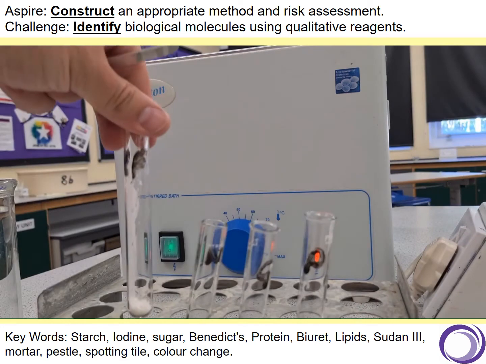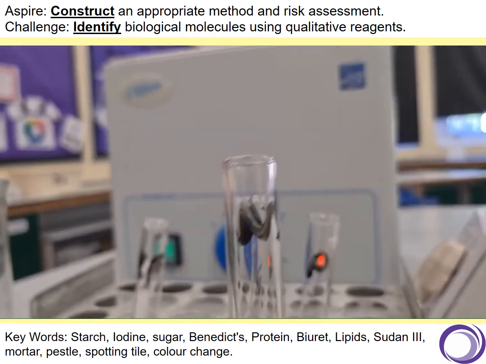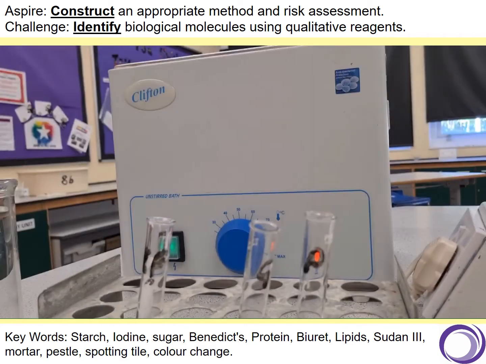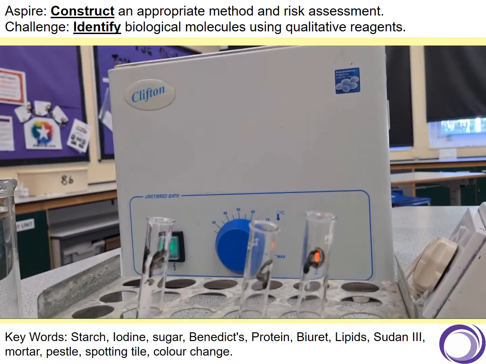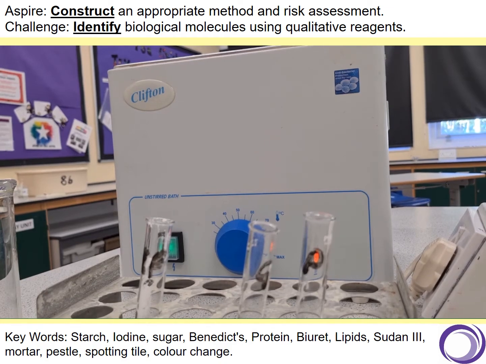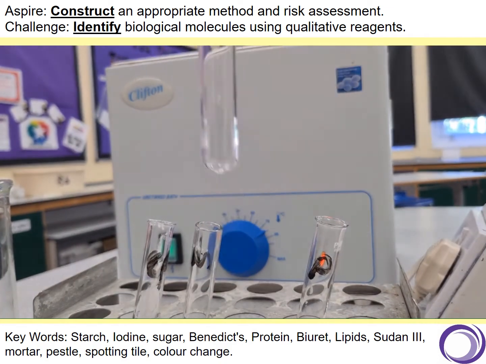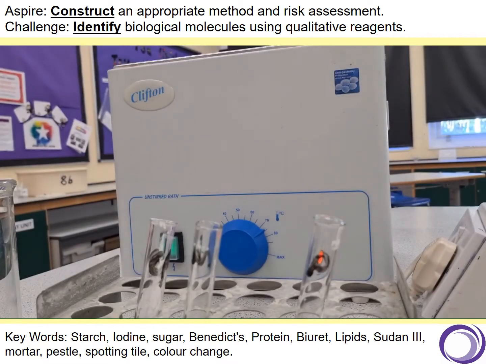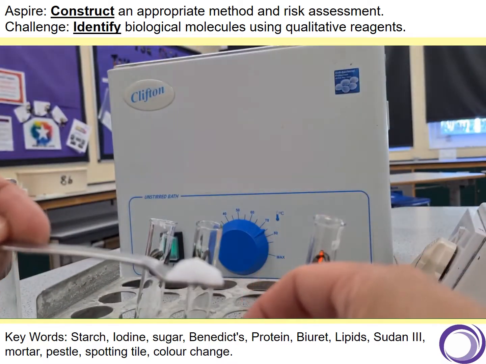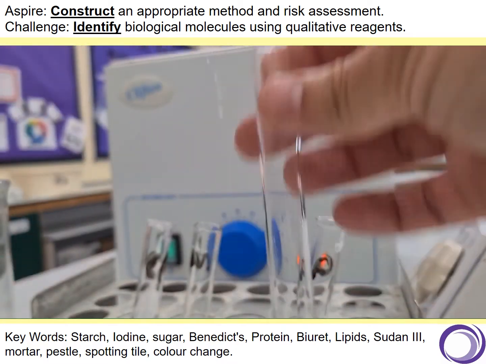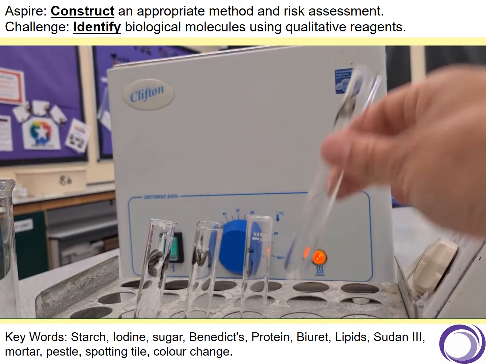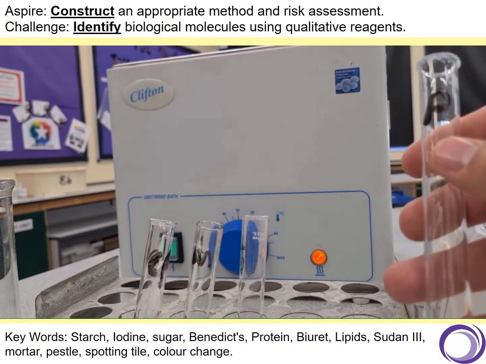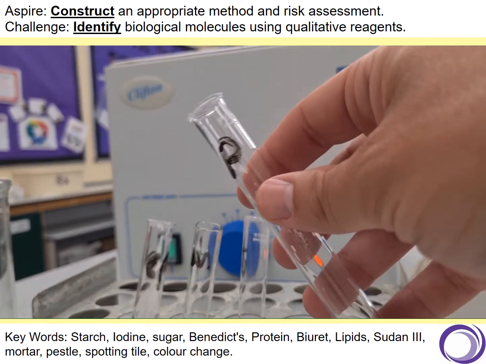I'm going to put some powdered milk into this test tube. I'm going to put some glucose solution into this one labelled G. And using a separate spatula, I'm going to put some protein powder into this one.